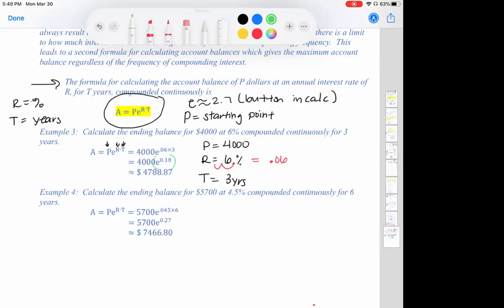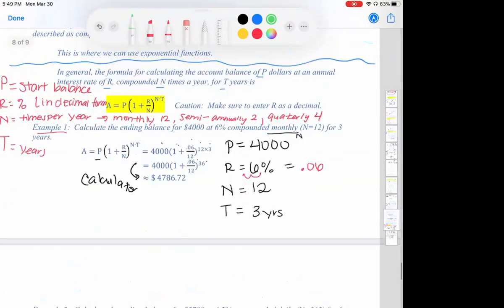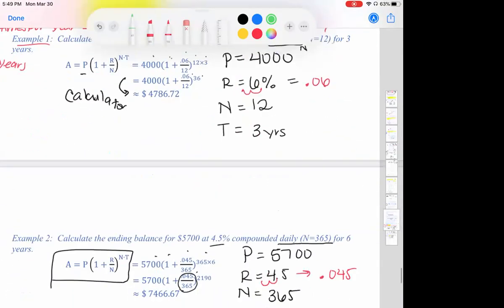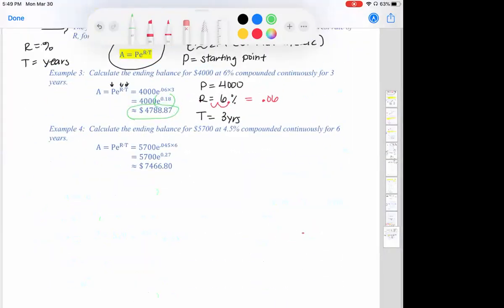That should give you a cleaner answer. And we see that compounded continuously gives you a bit more. So here we have 4,788. And the first example we did gave you 4,786. So it doesn't give you that much more, but it gives you a bit more when it's compounded continuously.